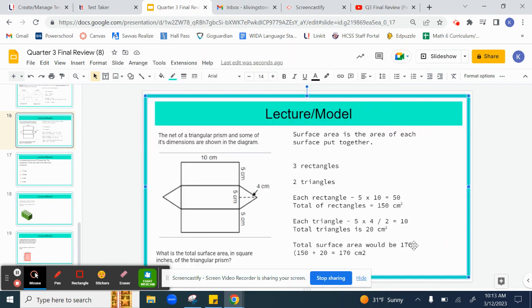And again, in the question, that should say centimeters, not inches. All right, let's move along. Again, surface area, area of each surface. So we found the area of each surface and added them together.